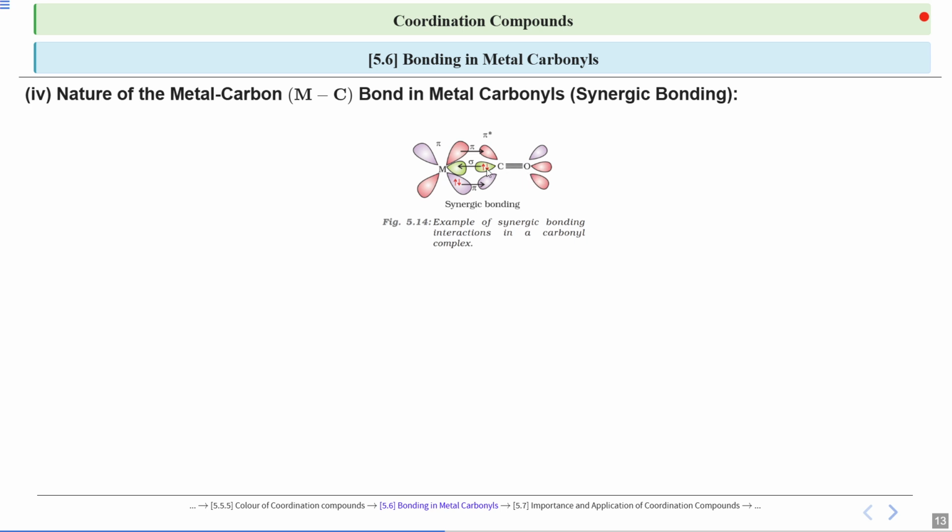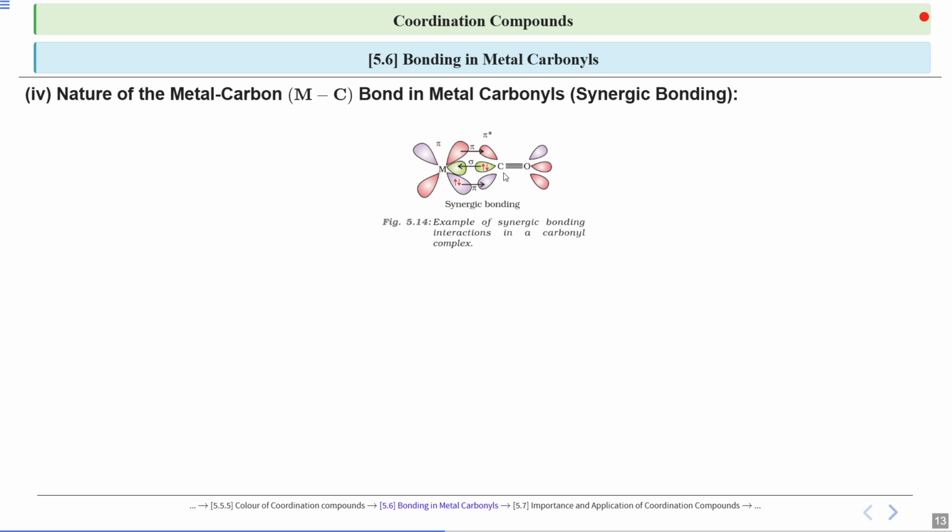The sharing of electrons is happening. This sigma bond is formed by the donation of a lone pair of electrons on the carbonyl carbon to the vacant orbital of the metal. You can see that the lone pair of electrons of this carbon is shared to this vacant orbital of the metal, and this direct sharing forms the sigma bond between the metal and the carbonyl.